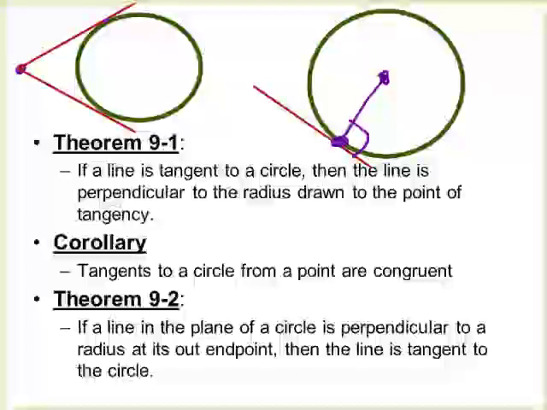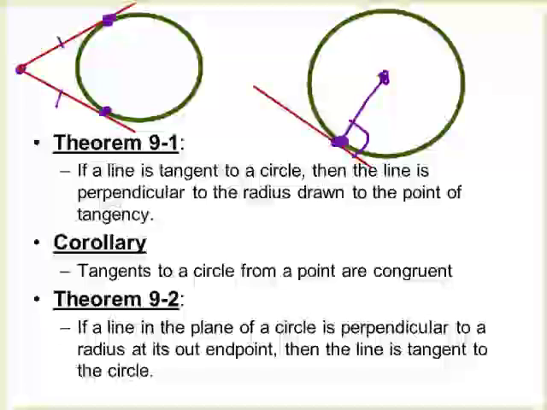From that point where they intersect to their points of tangency, those two lengths will be congruent. So if I have two tangents that intersect outside of a circle, the length from where they intersect to where each of them meets the circle is equivalent, or congruent.